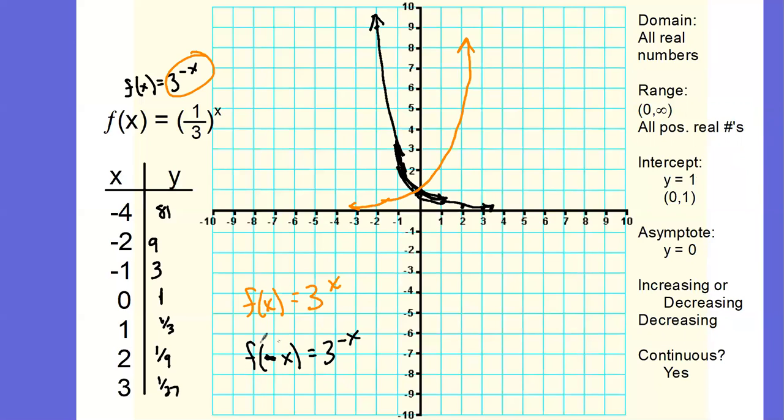And f of negative x is when you're going to have a reflection in the y-axis. And that's exactly what happened. This was my 3 to the x power. If you take all the points and reflect them over the y-axis, you're going to get this graph right here, which is 3 to the negative x power.